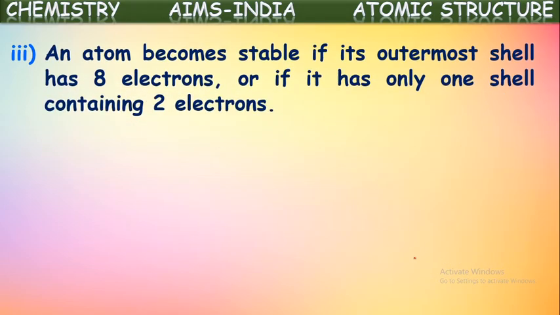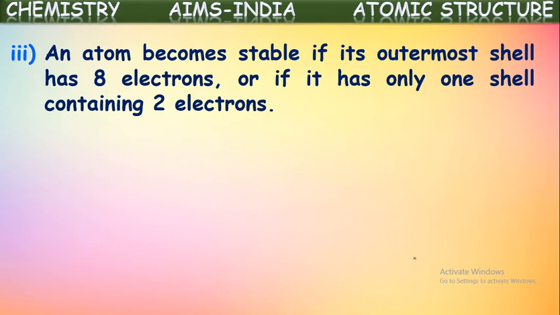Next point, an atom becomes stable if its outermost shell has 8 electrons. If any element has 8 electrons in its outermost shell, it is observed that those atoms are stable and highly unreactive.